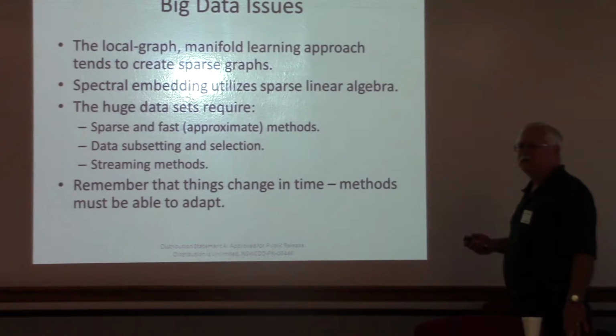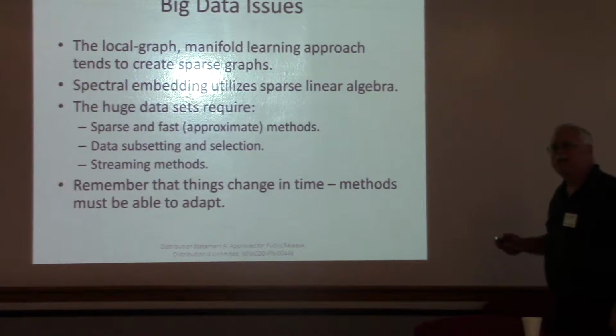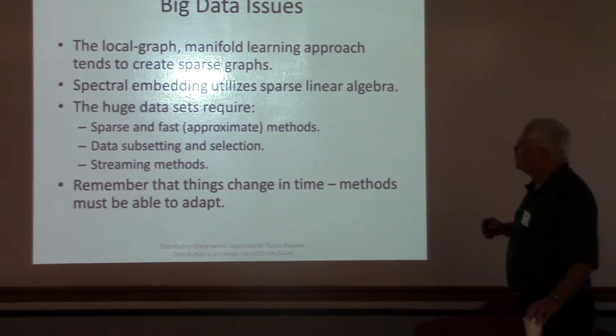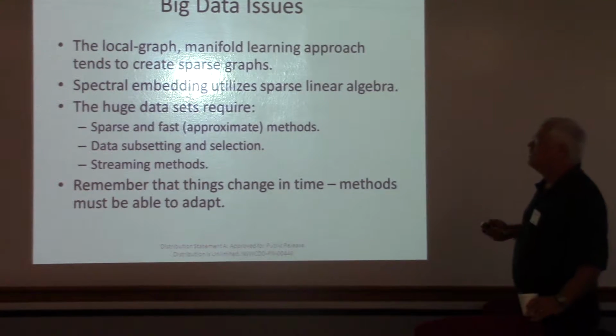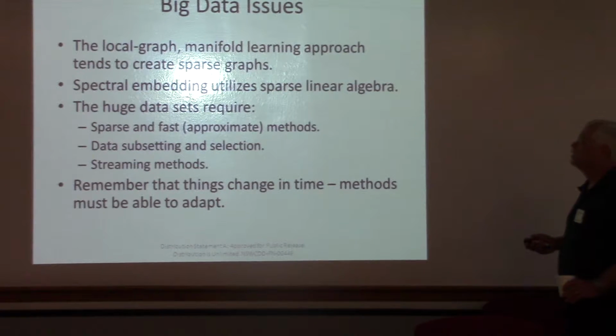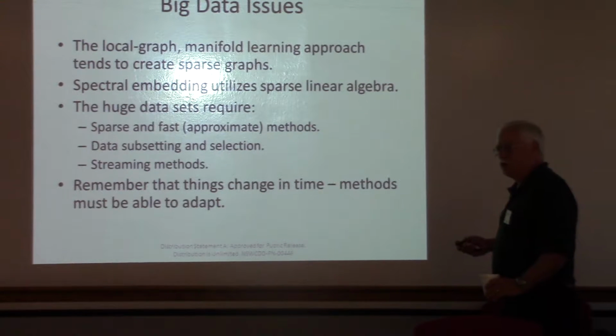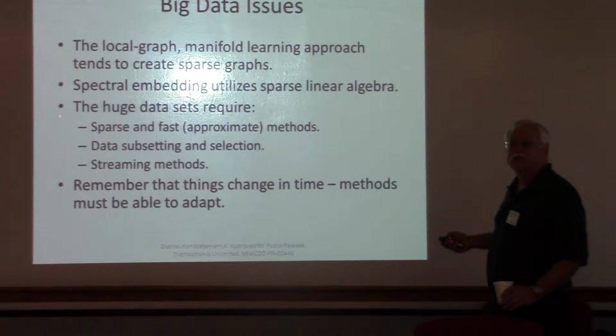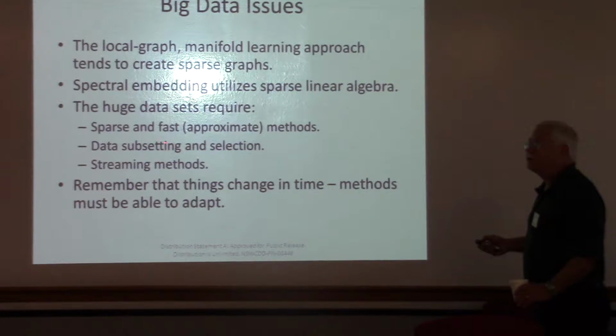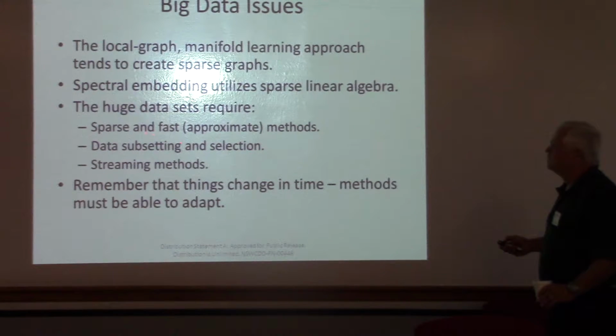So that's pretty good sized. I've used it on graphs with 500,000 to 2 million nodes. So on my laptop, we're not talking about using a cluster of 100,000 CPUs.